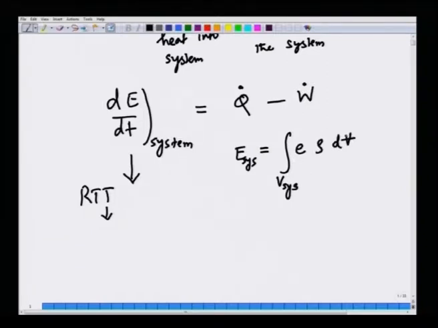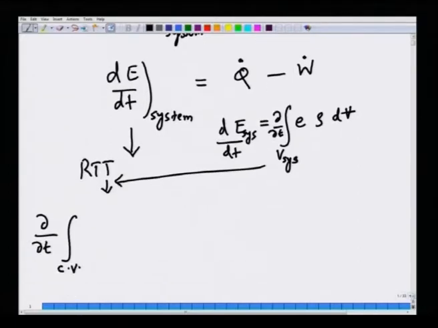We want d/dt of this. In order to do this, we have to use the Reynolds transport theorem, which will tell us that this is nothing but the rate of change of energy of the control volume.